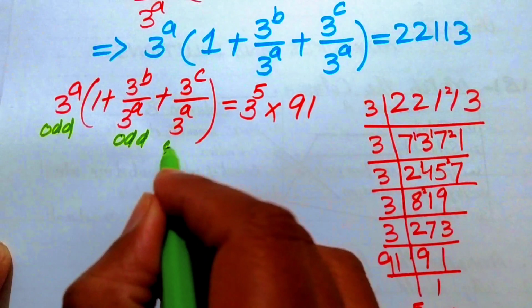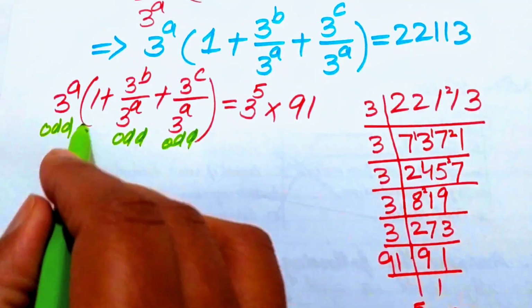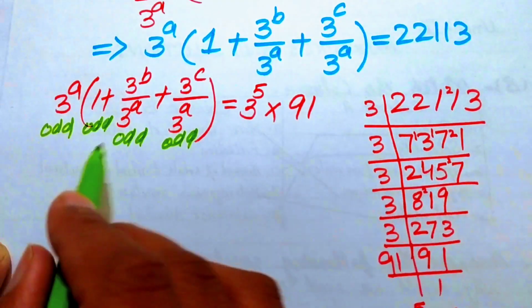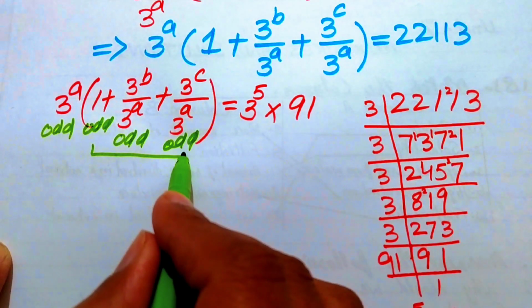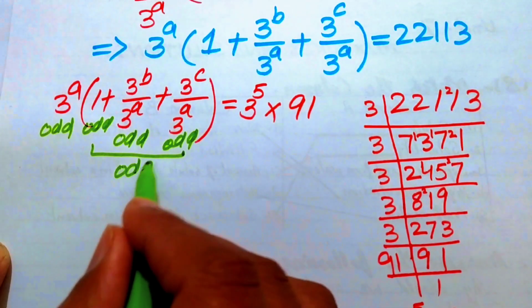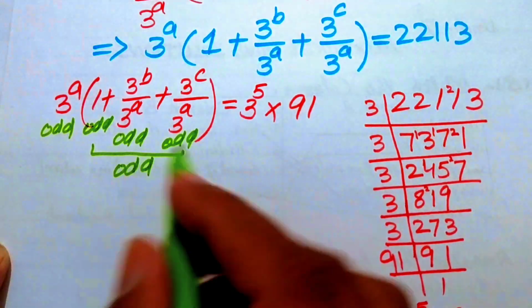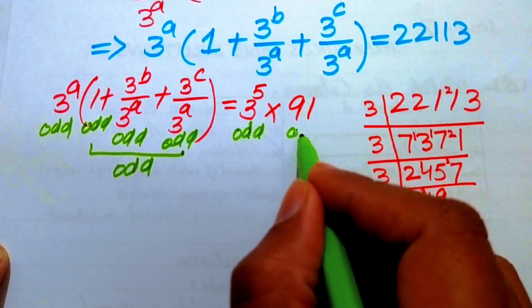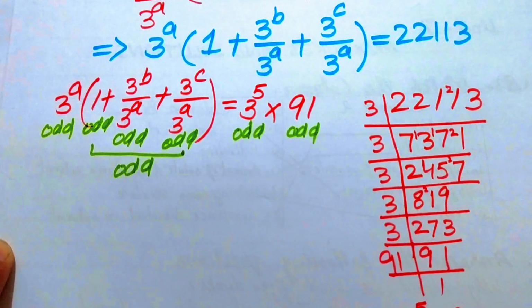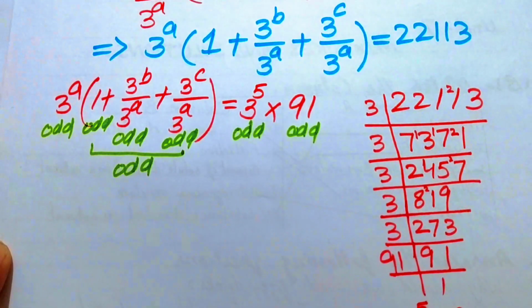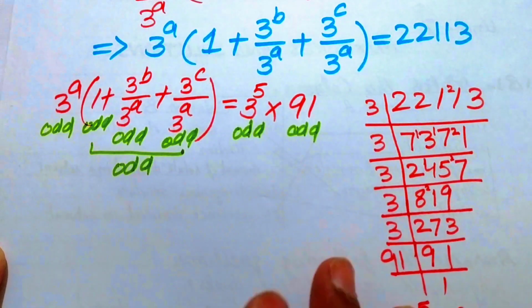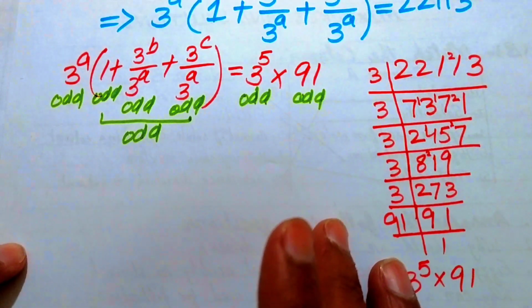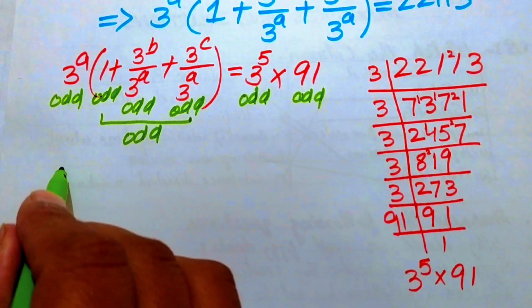So this is odd, and this is also odd, and this one is also odd. When we add three odd numbers, you get a new odd number. Similarly, in the right hand side, this one is an odd number and this one is also an odd number. So now we can easily compare both of the sides, because on both sides we have the factors in the form of odd numbers.